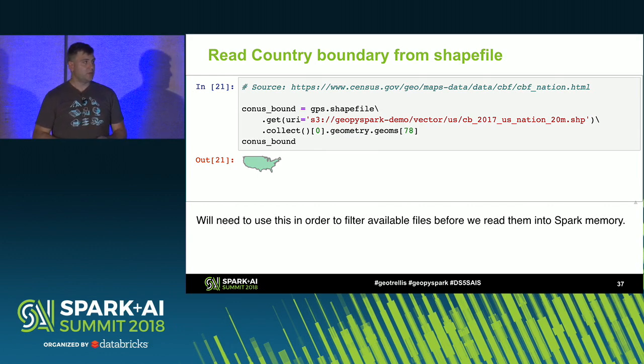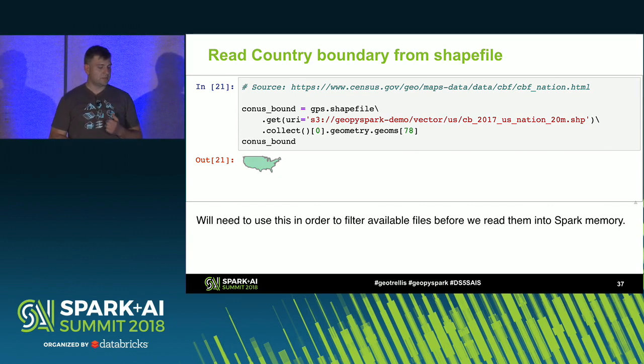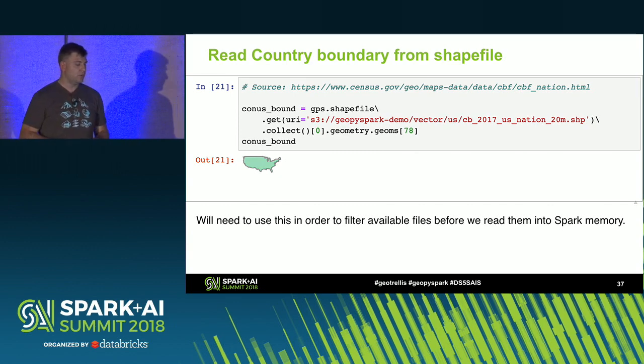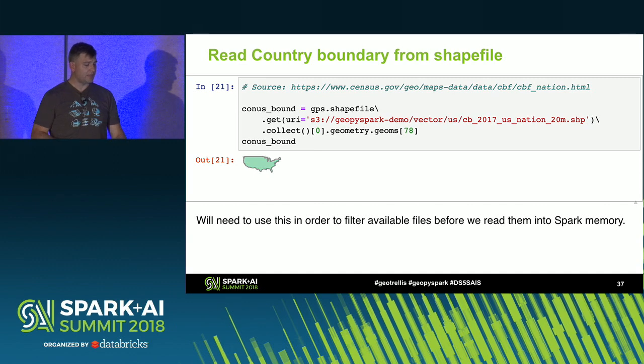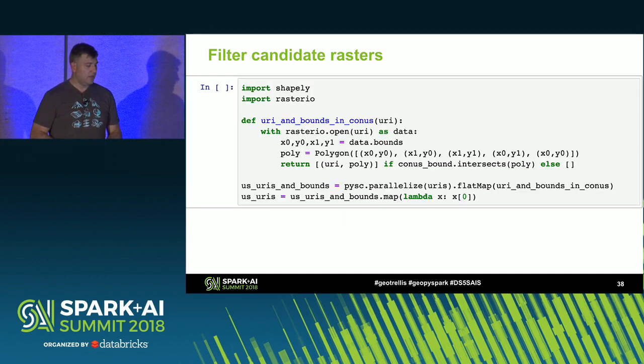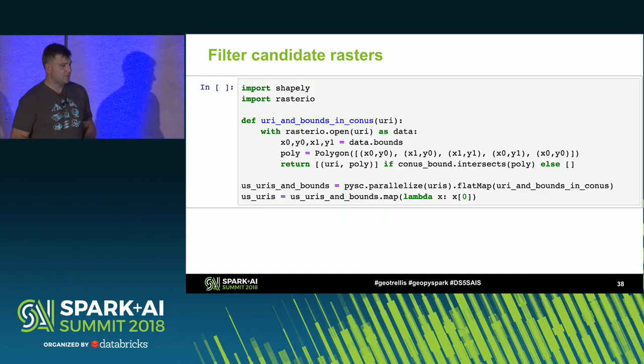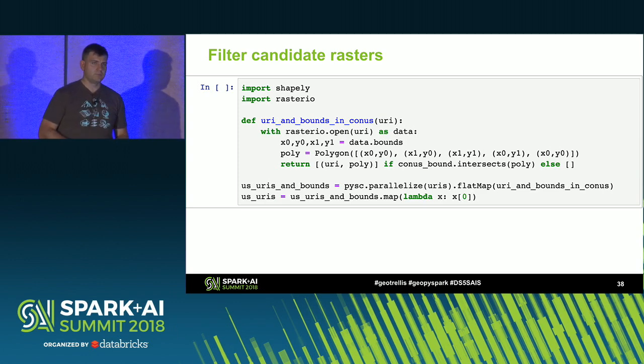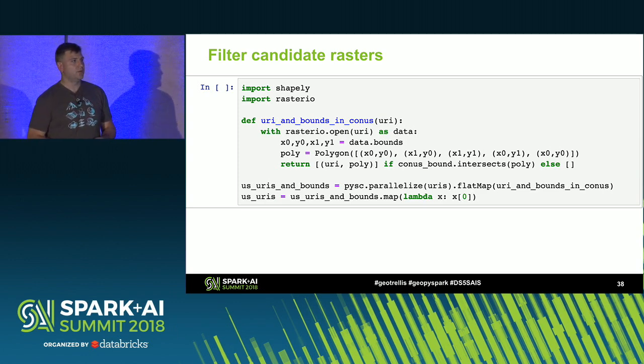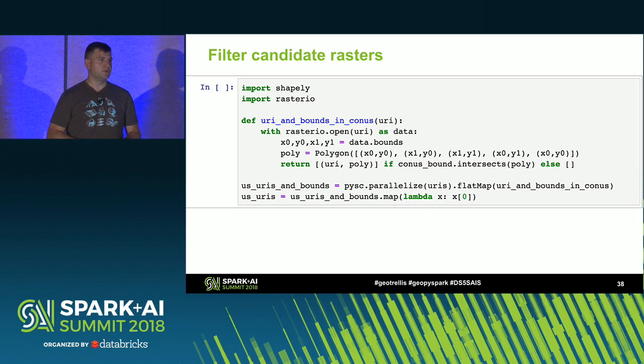So another thing that we'll have to do is read the shapefile. We could have done it through Fiona, but in this case, we're going to do it through GeoPyspark, get the continental bounds, and apply them. So these series of slides are pretty ugly, right? We had to lean pretty hard on a couple of functions that we wrote.